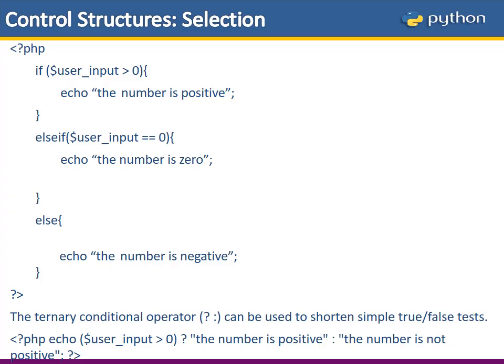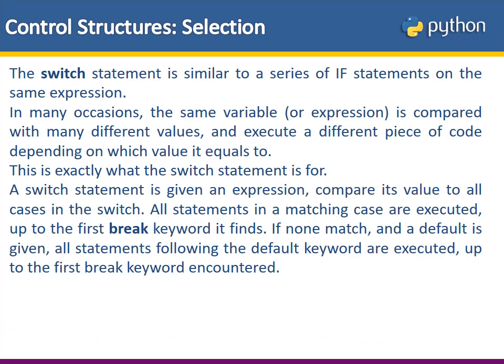We can see the example starting with PHP: echo $user_input greater than 0, question mark, the number is positive, colon, the number is not positive. You can see it's in a single line of code.